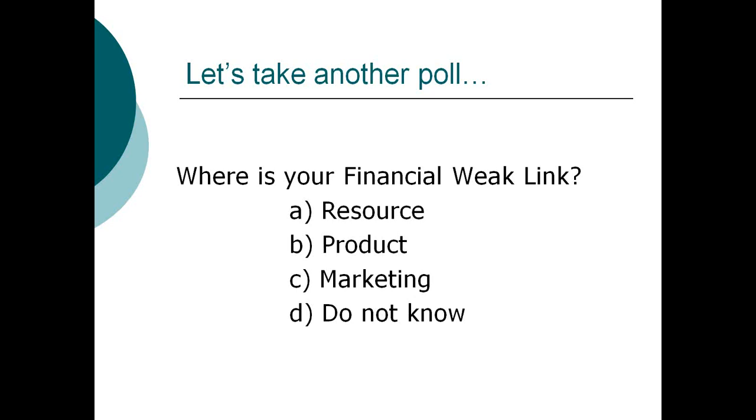Sometimes you can have in your business a resource weak link, a financial weak link in the resource area, meaning that perhaps you don't have enough land to grow your crops, or in my case, maybe my pastures are in poor shape and I don't have enough grass to grow the cattle.